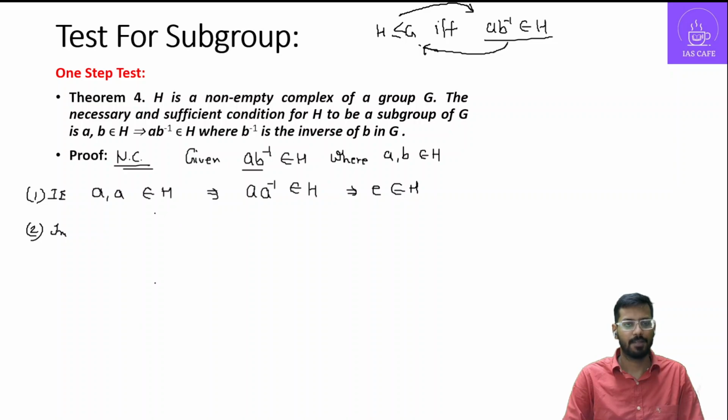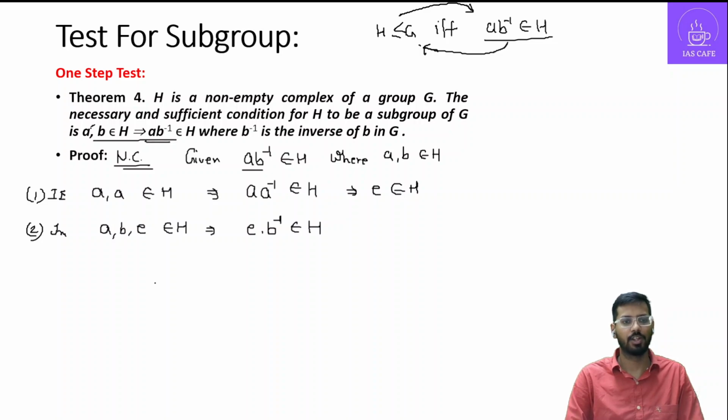For that, if we take three elements A, B, and C, these three elements belong to H. Given that AB inverse belongs to H, and identity element will also be inside the set H. So from this, if we take E dot B inverse belongs to H from this given condition.